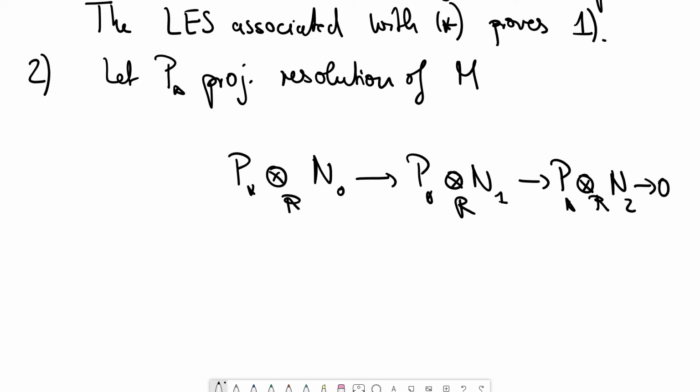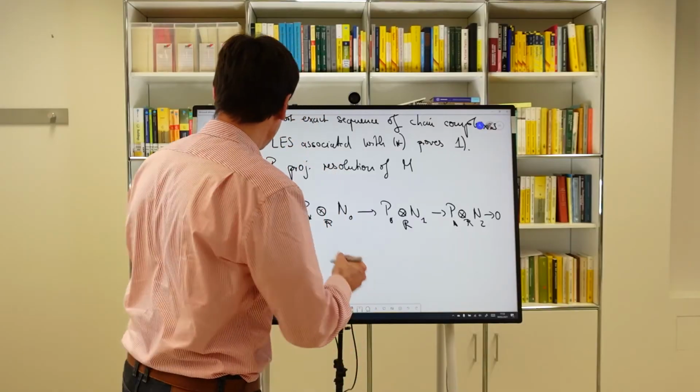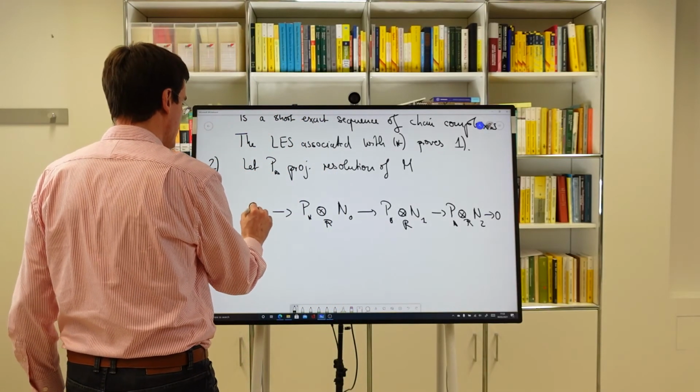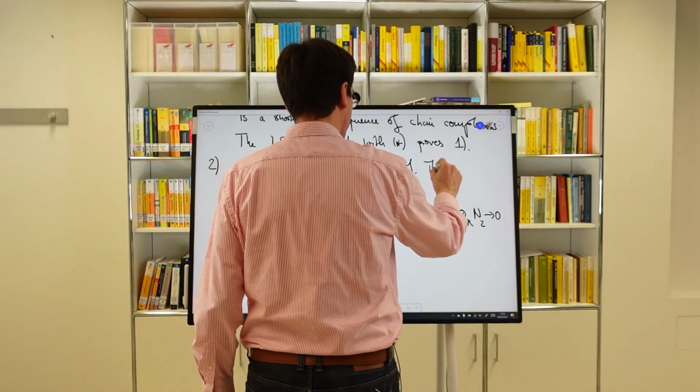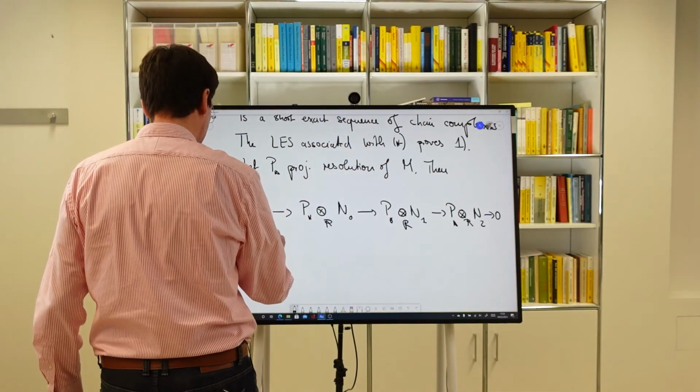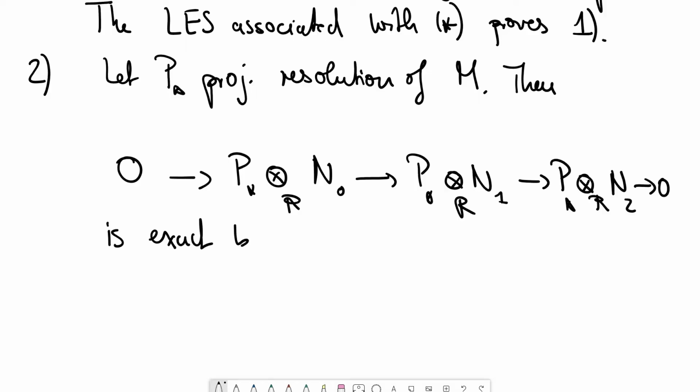What about here? Why is that injective? Well, now we can argue by saying, well, P star consists of projective modules, and tensoring with a projective module is an exact functor, so we have a 0 here. We showed a proposition saying that projective modules are flat, yes. So this is exact by projectivity of the P stars.